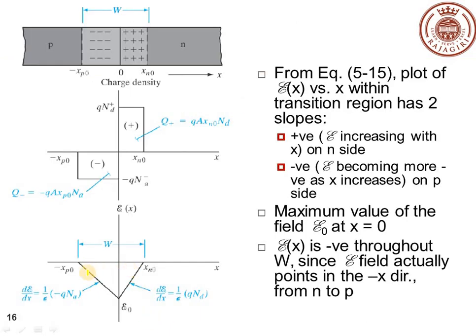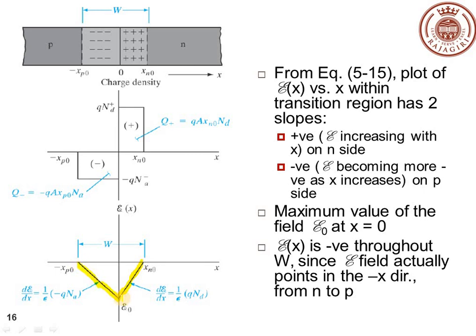So we can plot it like this. In the N region, 0 to xn0, it is Q by epsilon into Nd, a positive slope. And in the P region, minus xp0 to 0, it is minus Q by epsilon into Na, a negative slope.